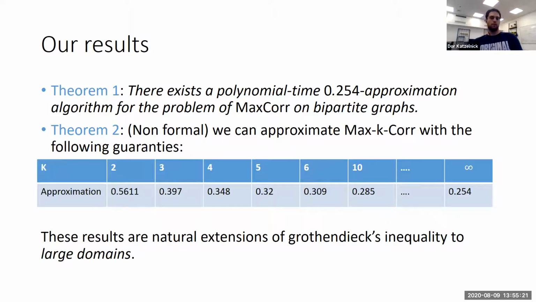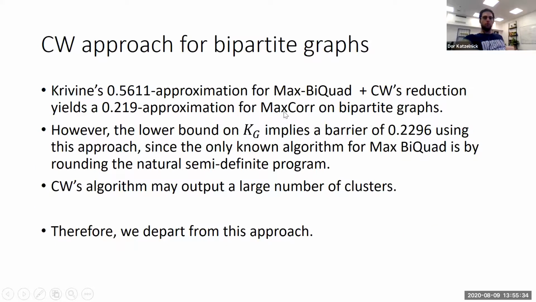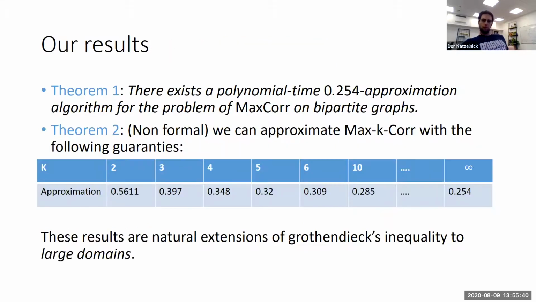So the first result is that there is a polynomial time 0.254 approximation algorithm for MaxCorr on bipartite graphs. So this improves the 0.219 approximation, and it also goes beyond the 0.2296 barrier of this approach.